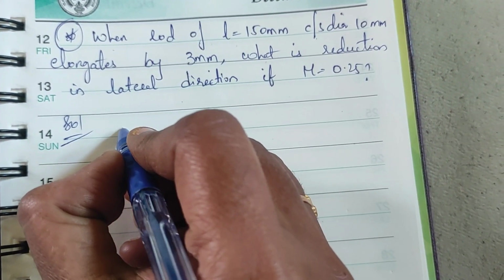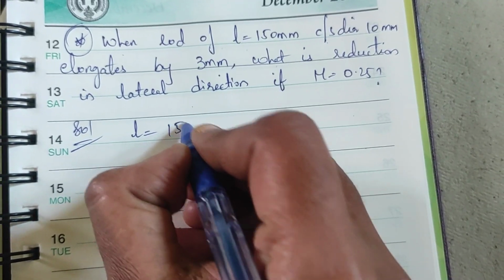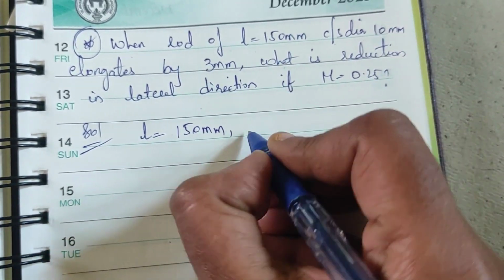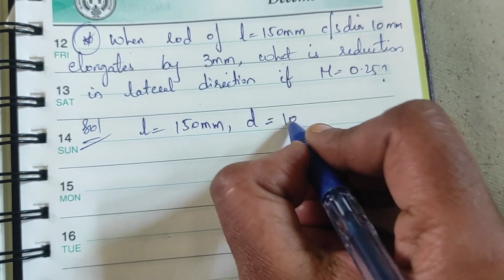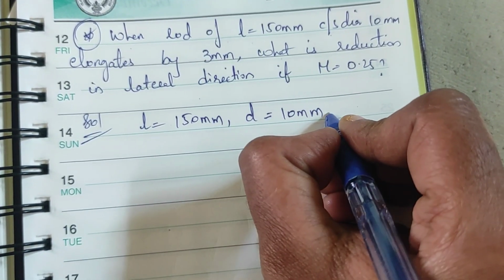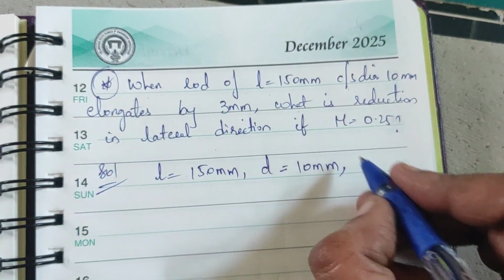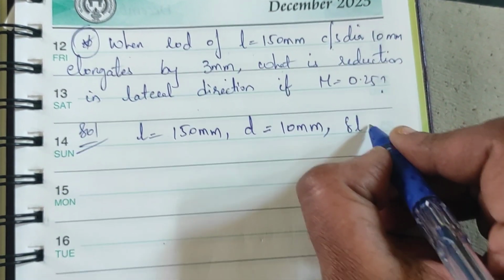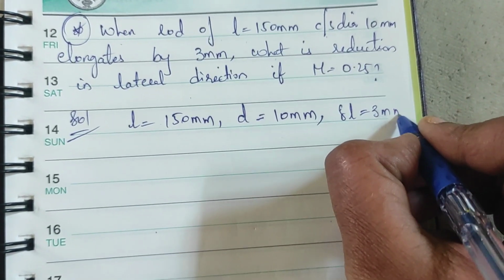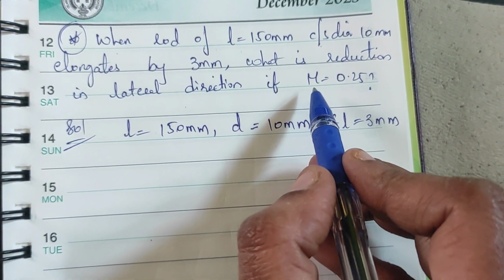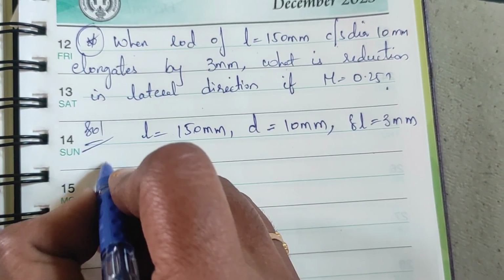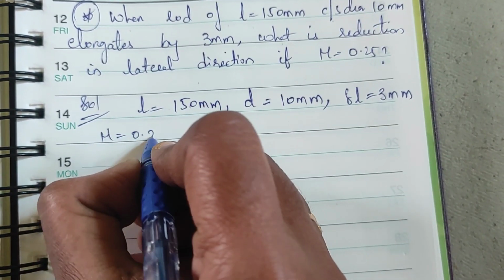Length is 150 mm, diameter is 10 mm, elongation delta L is 3 mm, and mu is also given as 0.25.